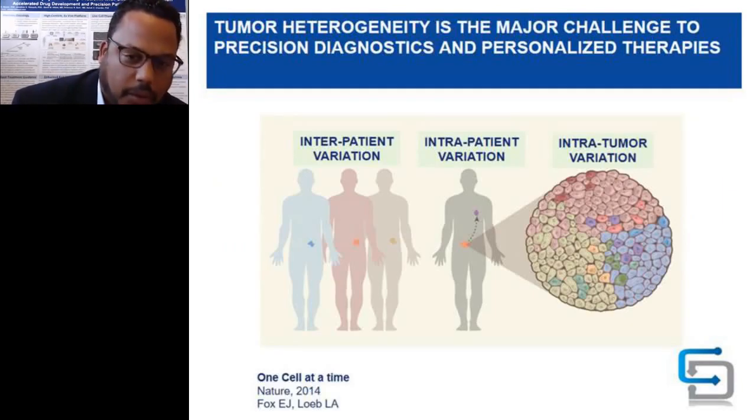Specifically, the problem, as we're learning, is, of course, the idea of tumor heterogeneity. Not only are there differences between the cancer within patients, but there are also differences within the same patient. For example, in a prostate, two different lesions within that prostate will have different molecular profiles, and then even within one profile, there will be variations among cells.